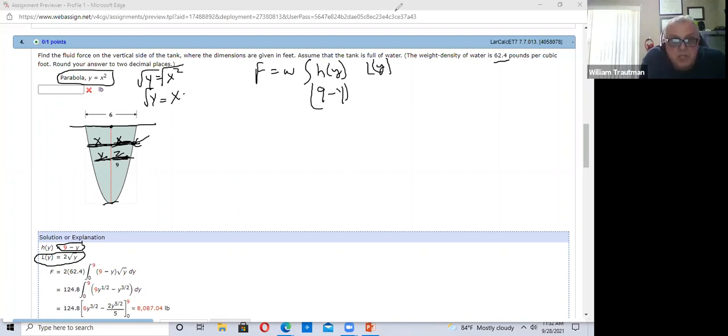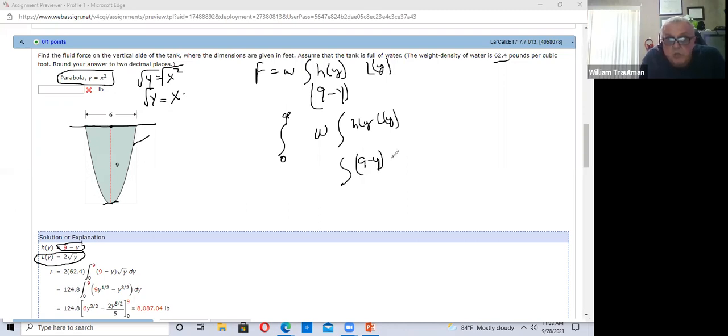Okay, so from there, let me erase this mess. From there, we integrate, oh, they have all the integration there. We're integrating from 0 to 9, the distance that we have, and the density, and then we have the H(y) and L(y). H(y), we said, was 9 minus y.